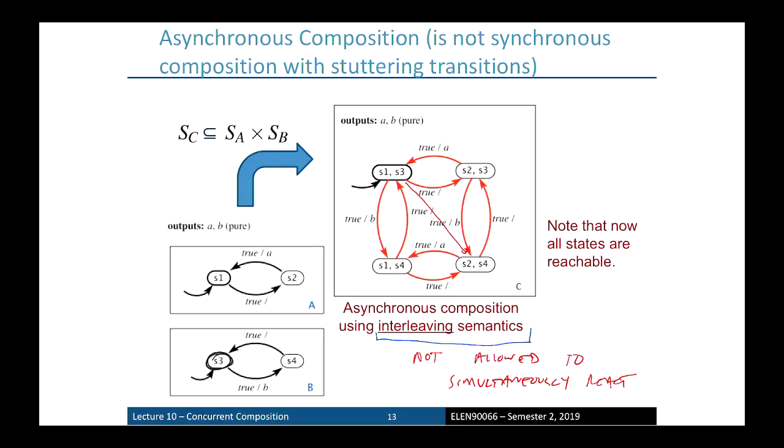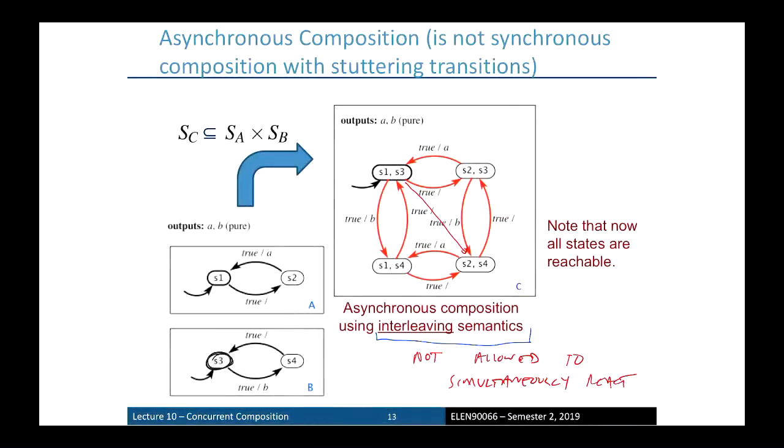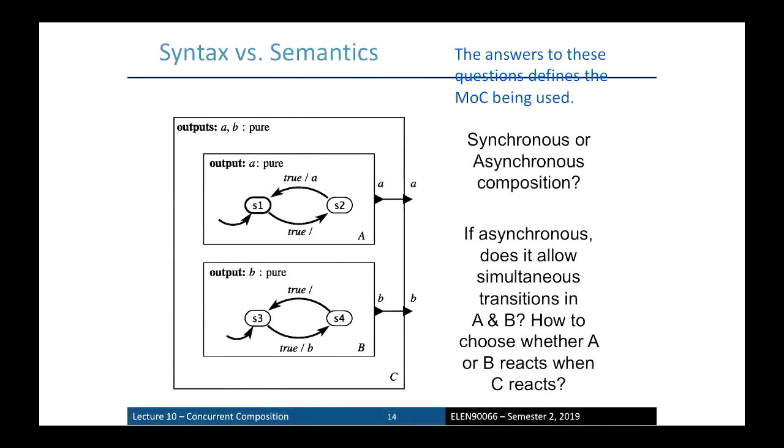Okay, so in the side-by-side composition here, when you are composing two models like this, you've got some important questions to ask. Are you going to compose them synchronously or asynchronously?